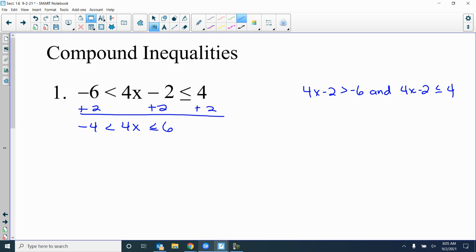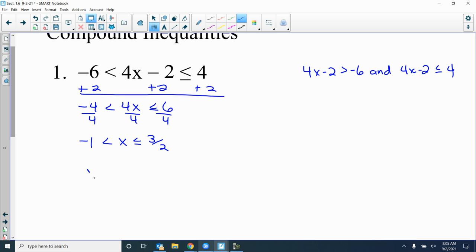And that's going to be divide by 4. Divide by 4. I get negative 1 is less than x is less than or equal to 3/2. Interval notation. X exists in the interval, parentheses negative 1 to 3/2.